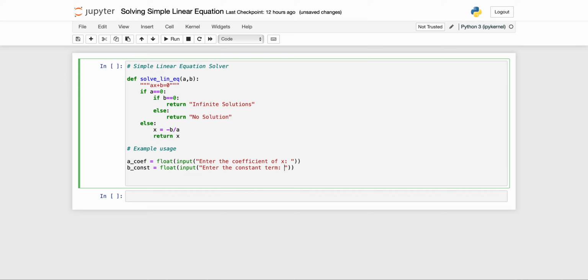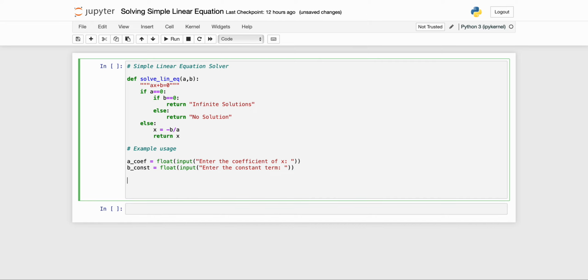Okay, and then these are the two things that users are going to input, and then we'll have our solution, which is equal to, so we take our function that we built, solve_lin_eq, and then we're going to take our coefficient, a_coef, and then we're going to take our constant.